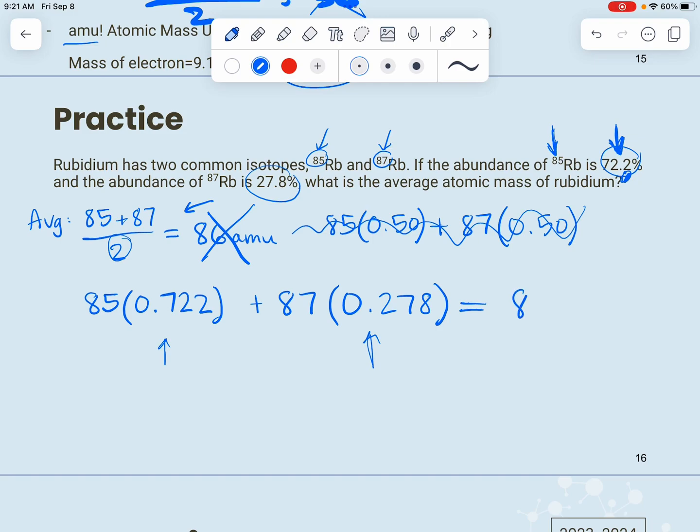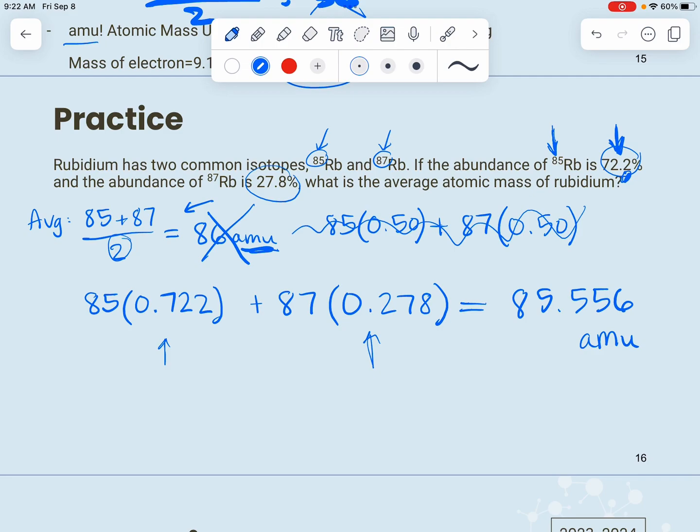All right, hopefully you got 85.556, all right? And then what unit we're gonna have here, remember, we have AMU, atomic mass units, all right? That means on average, between the protons and the neutrons, they usually add up to about 85, okay?